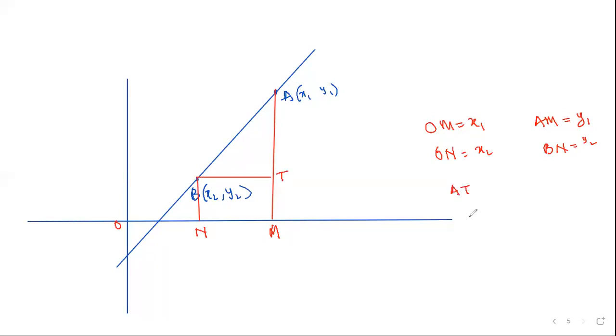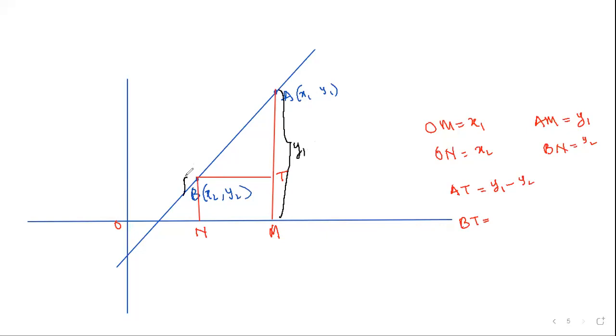what is AT? What is BT? AT is the height, y1 minus y2. Anybody not understood? If not understood, look at the board again. From here till here, it is y1.